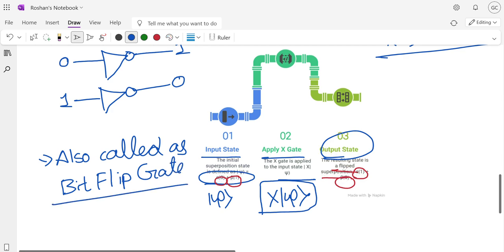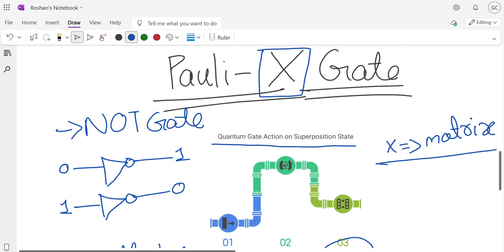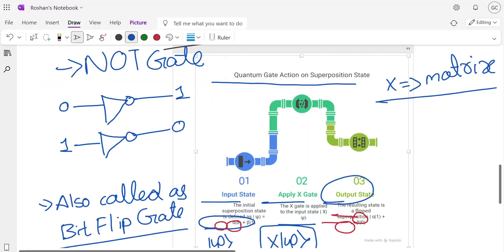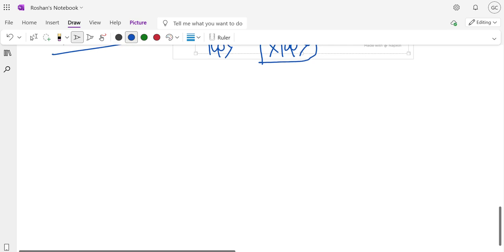Good. But remember, if you are working on quantum gates, it is very important to understand the matrix representation. Without knowing the Pauli-X gate matrix representation, there is nothing you can do with quantum computing. So I'll explain the matrix representation and its working mechanism.